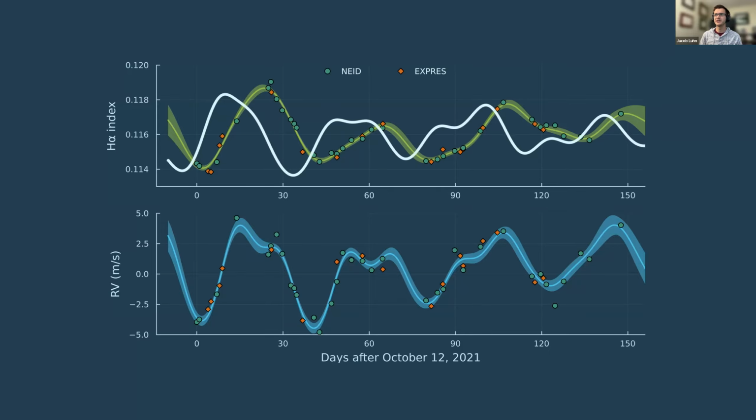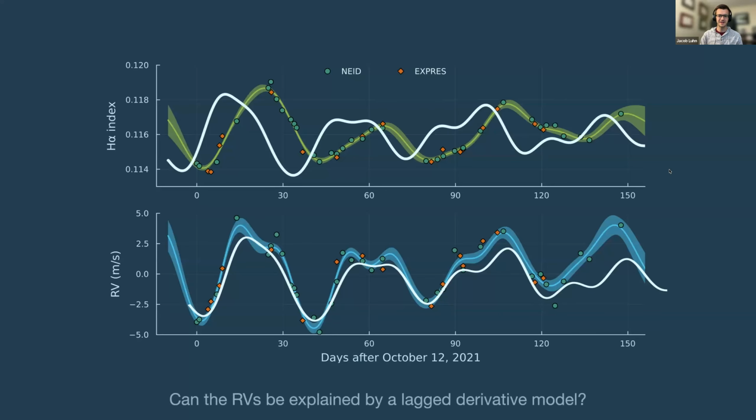And so the derivative of this green line is shown here in the white line. And what you might actually notice is that it looks very similar to the RVs, just with a time lag introduced. So this was really intriguing when we first saw this potential lagged derivative model, where the RVs are potentially tracing the expected rotational component that we would expect from the H alpha time series, but in this case, on about a 7-day time lag.